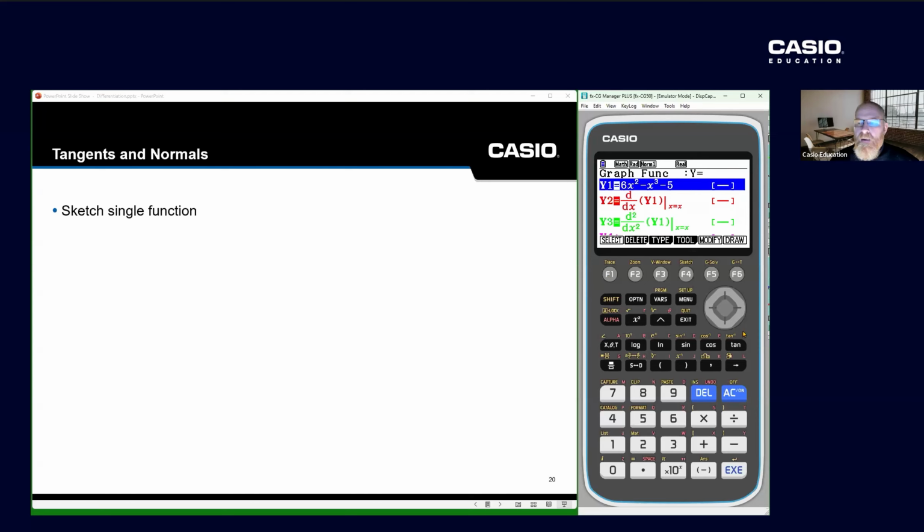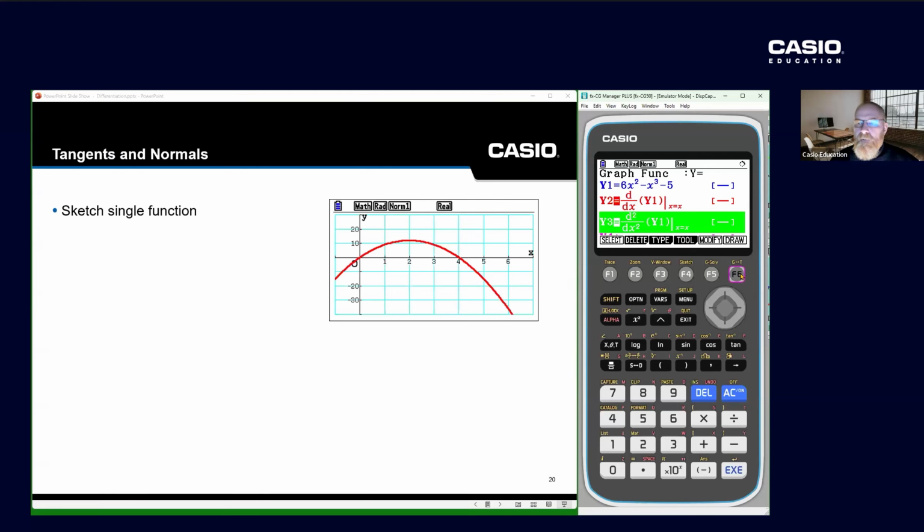I think I am just going to deal with the velocity function. Yep, the velocity function. Let's deselect that one. So there's my velocity function. Just because this will give the best tangent and normal of the three functions we've got.